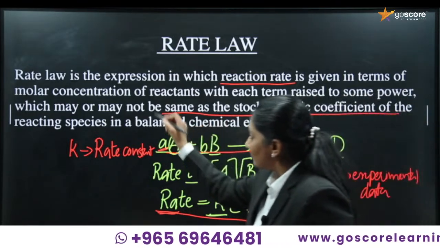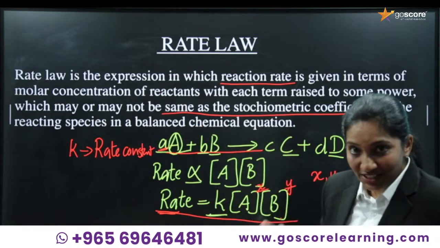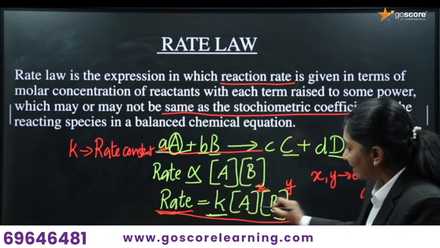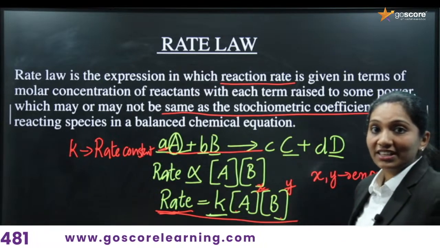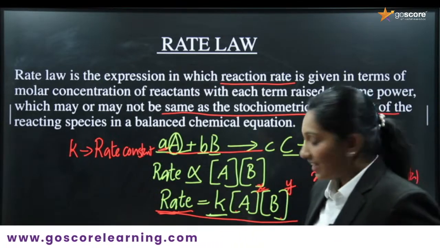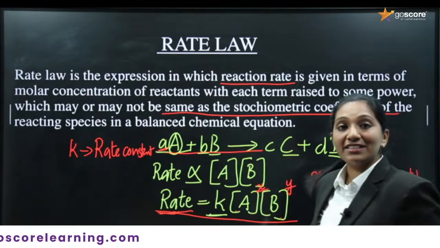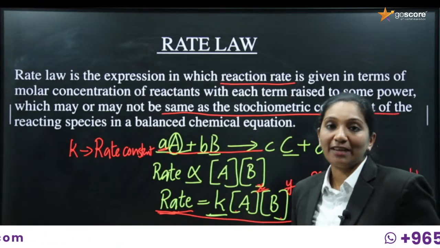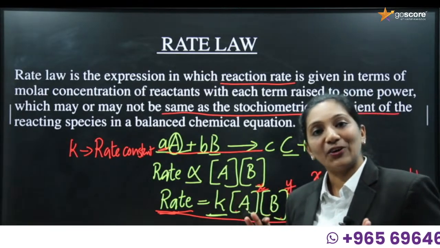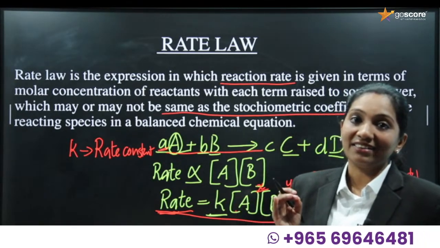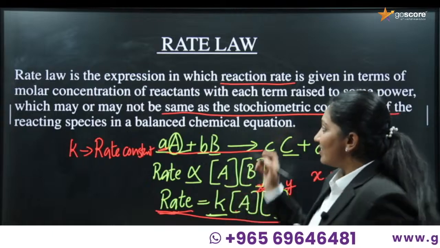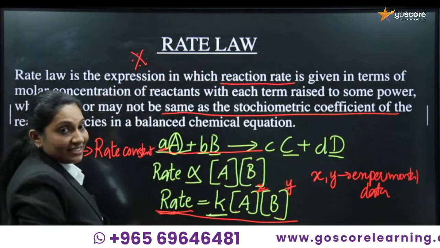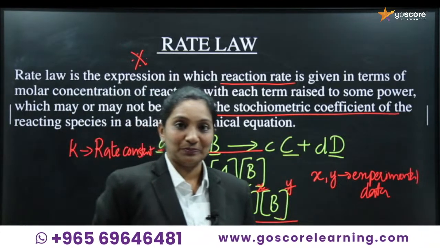So the rate law is the expression in which the reaction rate is given in terms of molar concentration of reactant, each term raised to a power, and this power may or may not be the same as the stoichiometric coefficient in a balanced chemical equation. This is a very important portion in this chapter, rate law.